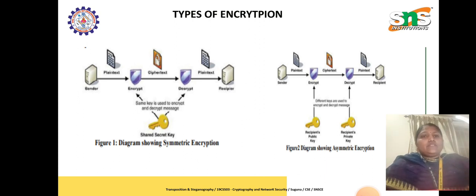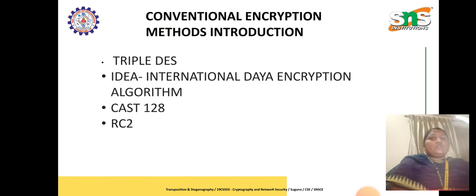Apart from symmetric and asymmetric encryption, we can also go for other conventional encryption methods for protecting data in social media, which are Triple DES, IDEA, the International Data Encryption Algorithm, CAST-128 and RC2. Let's see what Triple DES is.